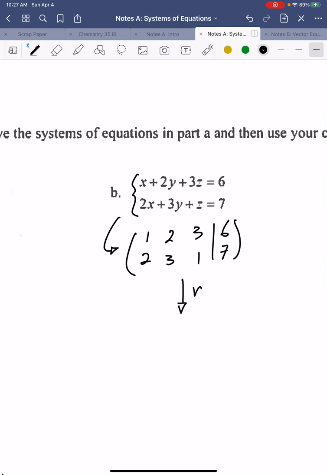Now on our calculator, if we do RREF, let me just really quickly do that. I'll let you guys do that too. So RREF, matrix, 2 by 4: 1, 2, 3, 6, 3, 1, 7.